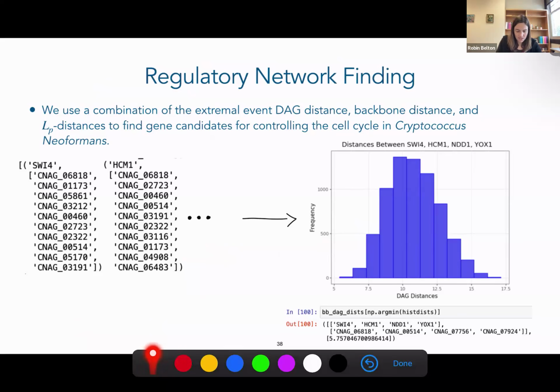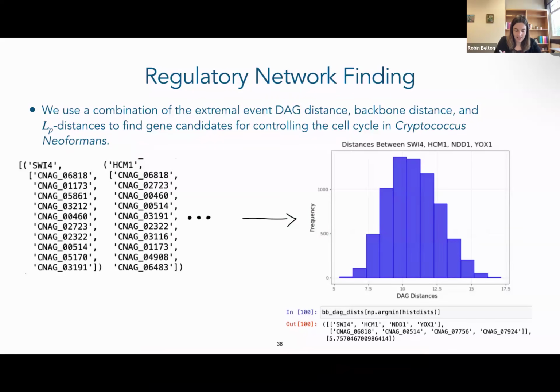One thing that we do is look at our Cerevisiae genes, and here we're finding the 10 genes in Cryptococcus that are closest to SWI4 according to the backbone distance, but we've also checked out different LP distances here. And these are similarly the top 10 genes that are closest to HCM1 in the backbone distance.